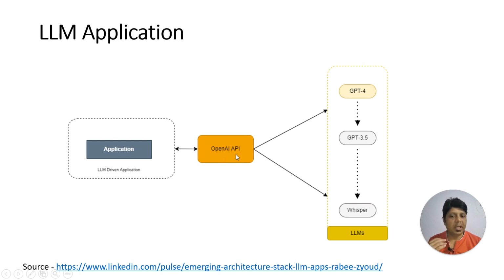So we are using OpenAI's API. We can also use open source models which are present on Hugging Face, and for that we'll be using the Hugging Face API. But the point is, at the backend we have an LLM and we are providing some information to the user using this LLM.